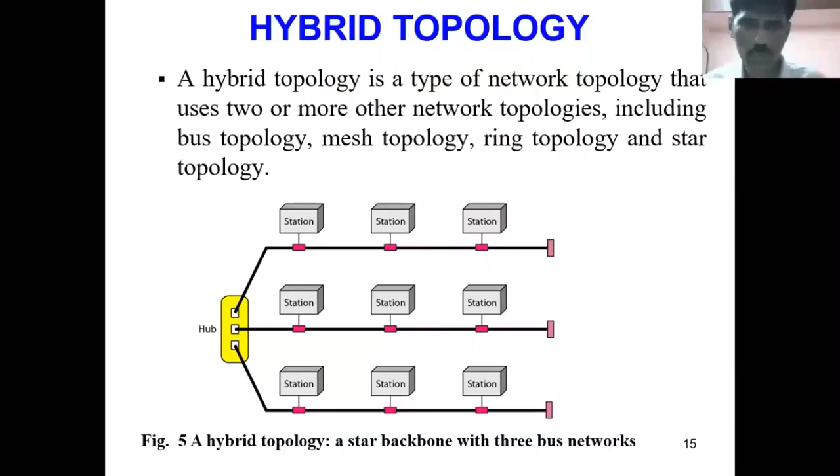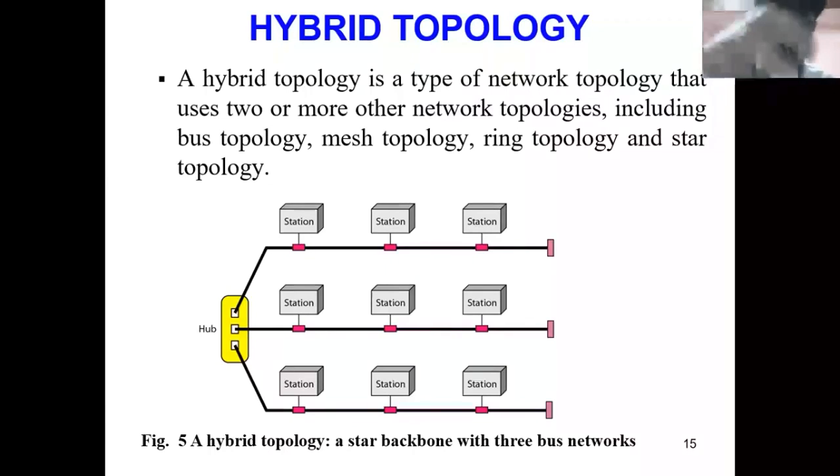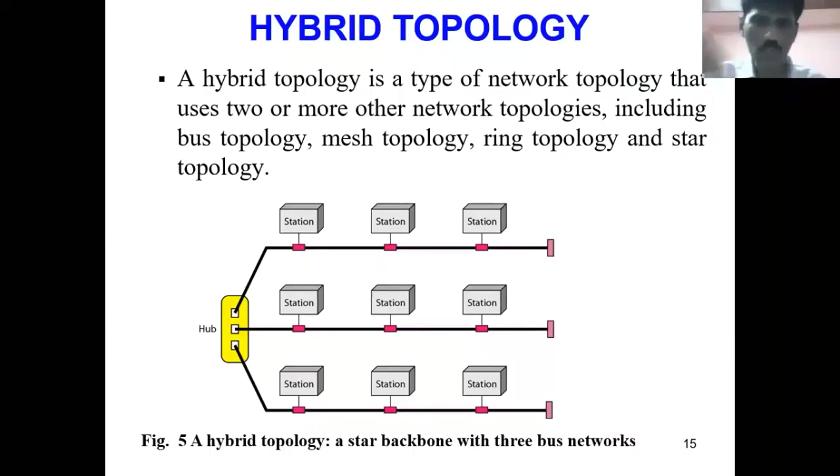That is the concept. Figure 5 shows a hybrid topology, a star backbone with 3 bus networks. You can see the 3 bus networks all together form a hybrid topology. There is a hub, so it is a star backbone with 3 bus networks. That's why it is a hybrid topology.